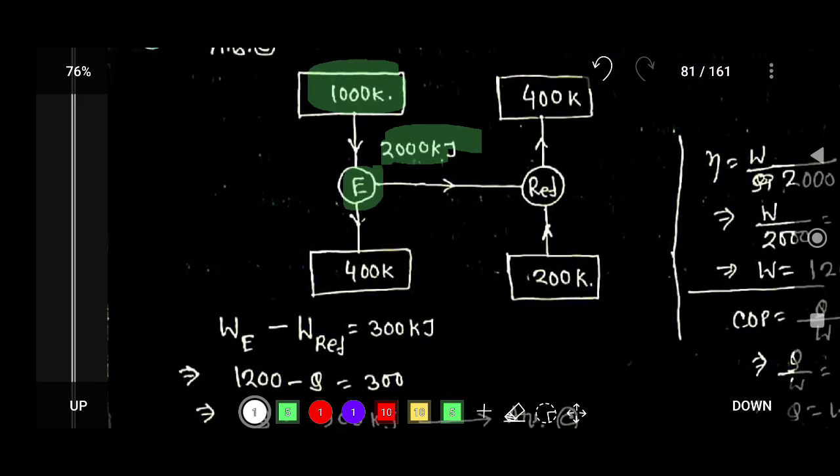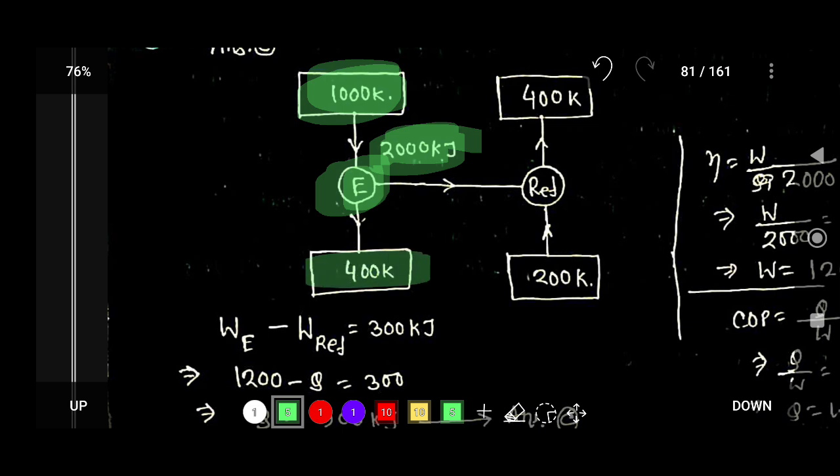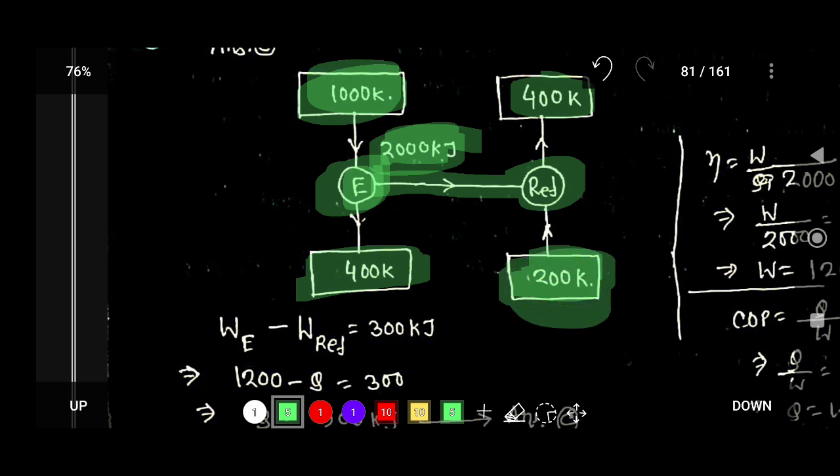The heat engine absorbs 2000 kilojoule of heat from 1000 Kelvin and rejects heat to 400 Kelvin. And here the work is transferred to the refrigerator. Some amount of work is transferred to the refrigerator, and the refrigerator is working between 200 Kelvin and 400 Kelvin. Basically, the refrigerator absorbs heat from 200 Kelvin and rejects it to 400 Kelvin.